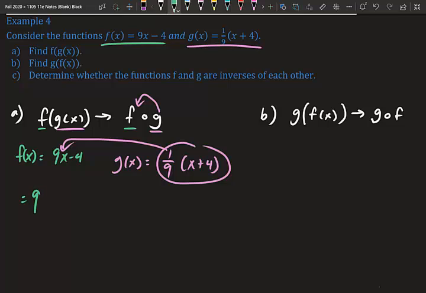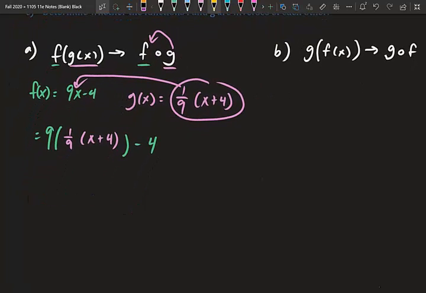So we have 9 blank minus 4, and in that blank, we're doing 1/9 x plus 4. In between right here, you see how there's no plus or minus? If there's no plus or minus, we're allowed to cancel out those 9s. So what we're left with is x plus 4 minus 4, which is just x. So f of g of x equals x.